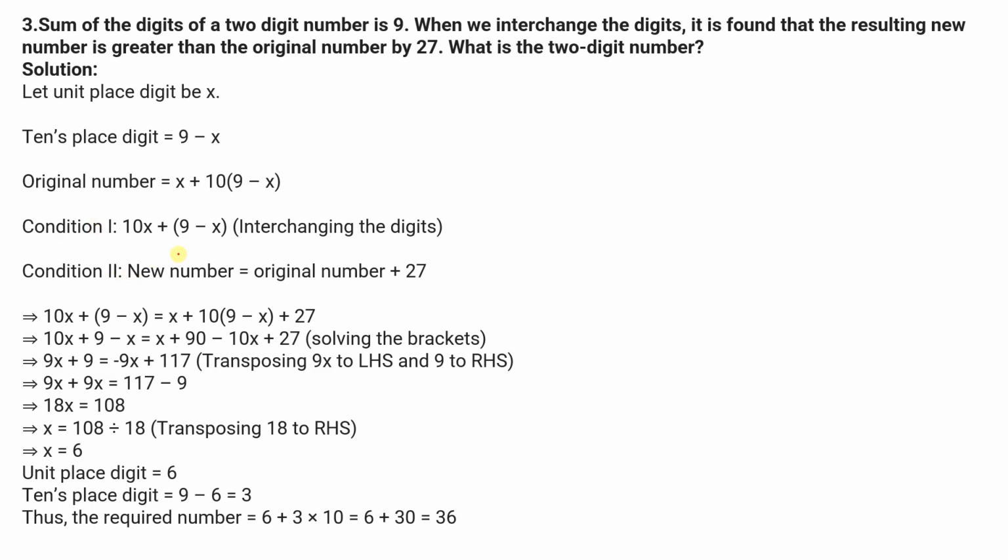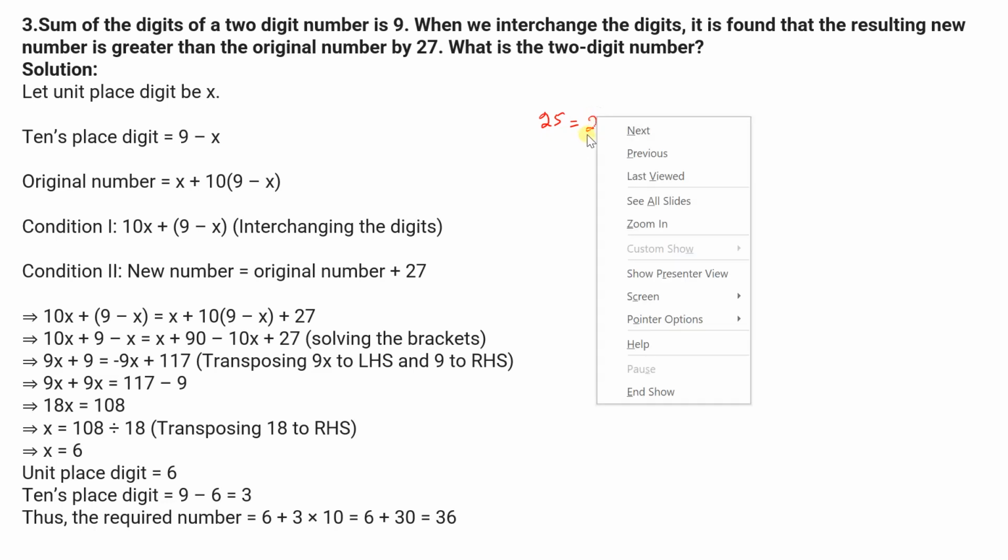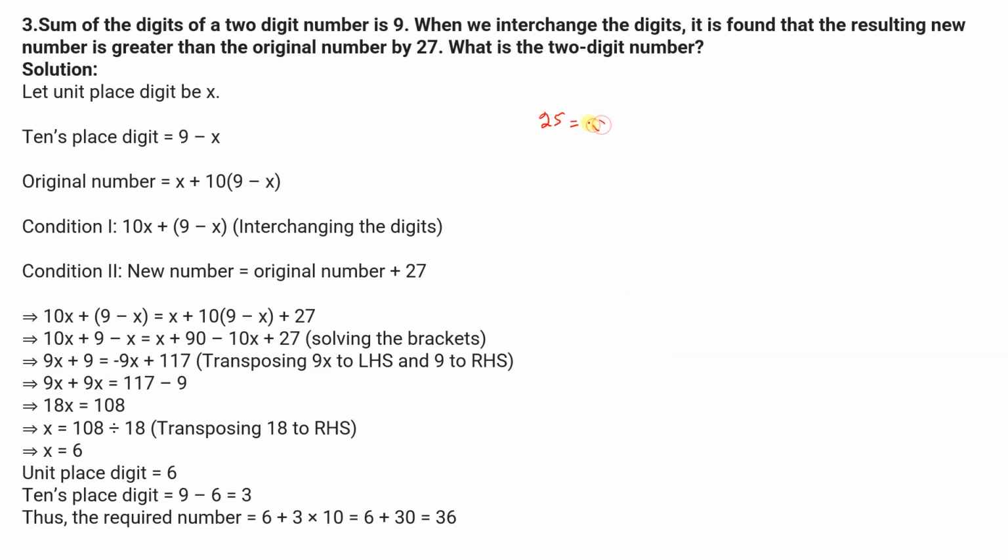Therefore, what is the original number? So x is in the units place. For example, suppose we have 25. Then how will you write this? We have 2 into 10 plus 5, isn't it?